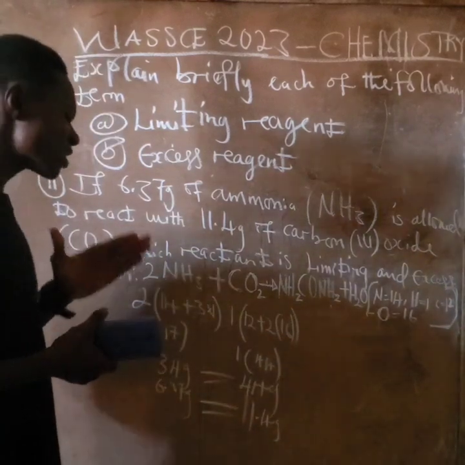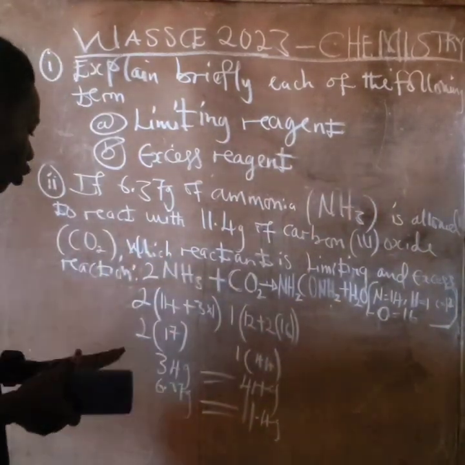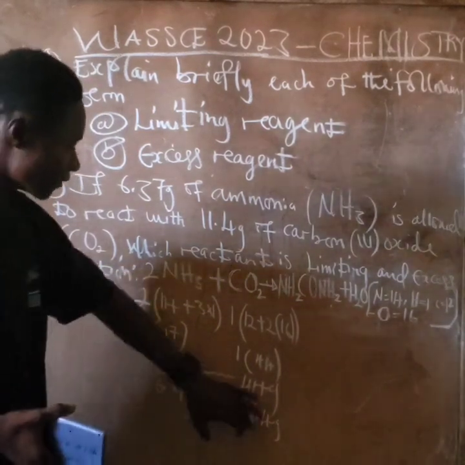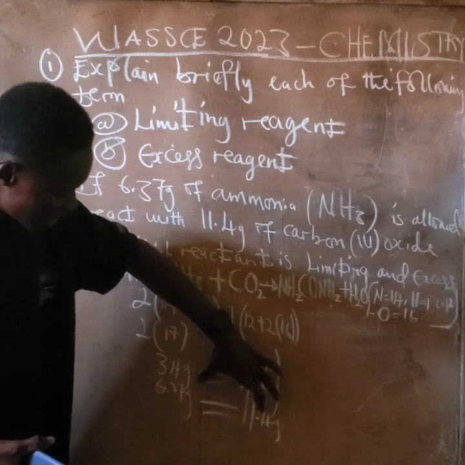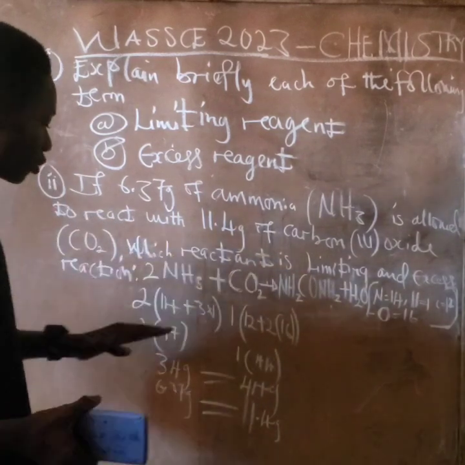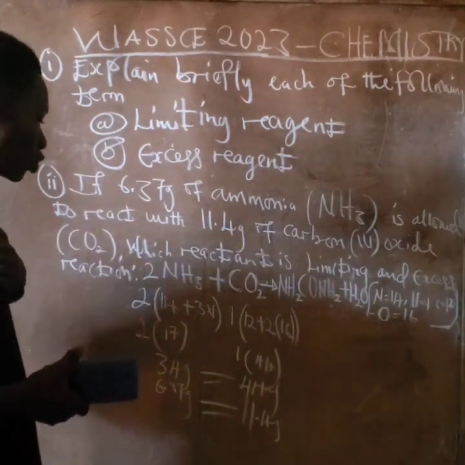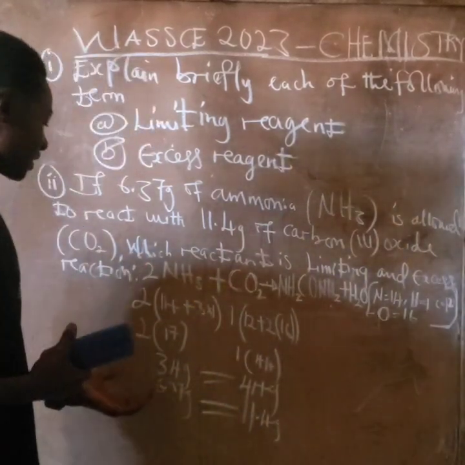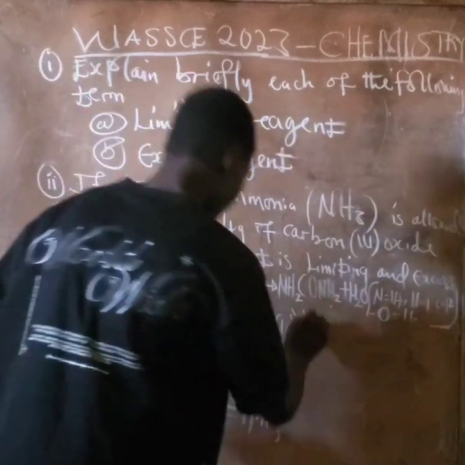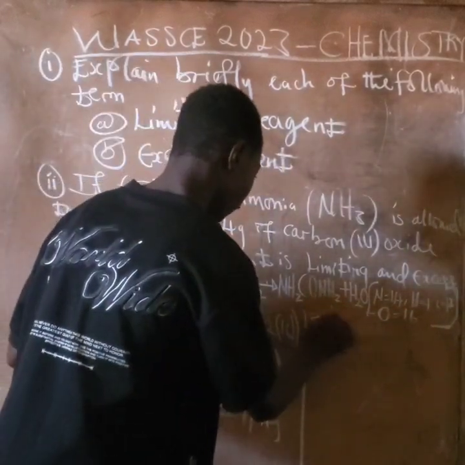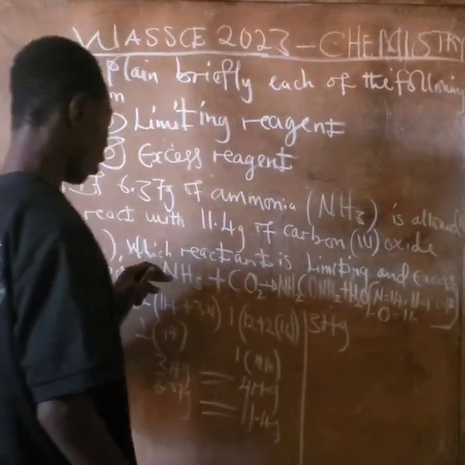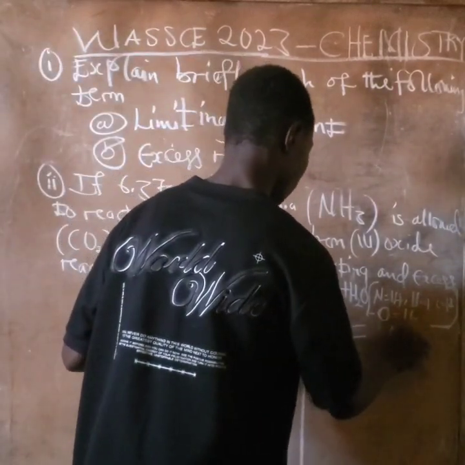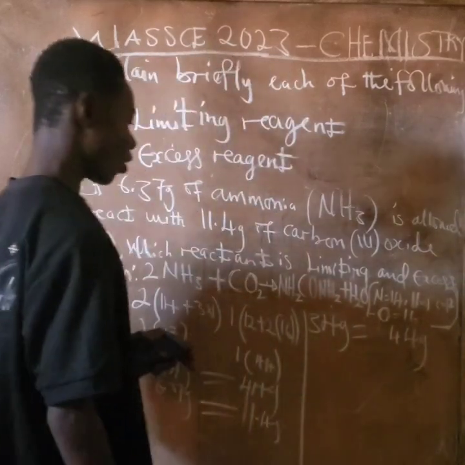For us to find which reactant is limiting and excess, we are going to let one of the masses given from the question be X. As for me, I'm going to let the mass of carbon dioxide be X. If you want, you can let the mass of ammonia be X. Therefore, I'm going to say 34 grams of ammonia gives me 44 grams of carbon dioxide.